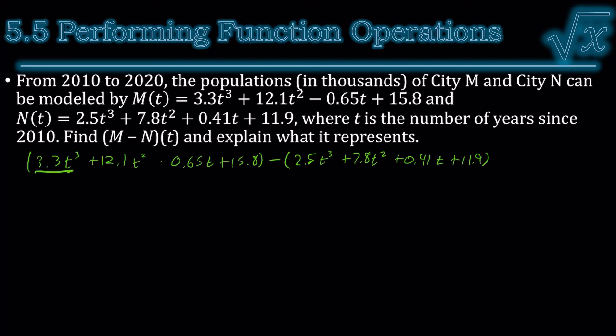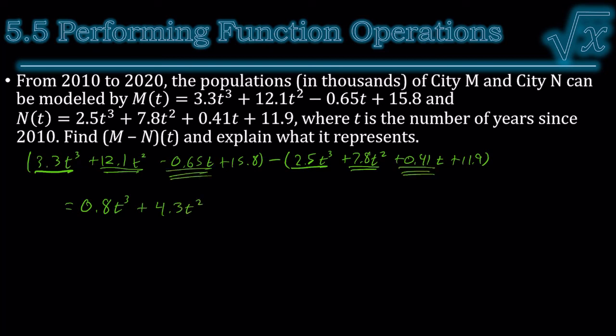Okay, combine like terms. So the 3.3 t cubed minus 2.5 t cubed would be 0.8 t cubed. The t squared, 12.1 minus 7.8 is 4.3 t squared.